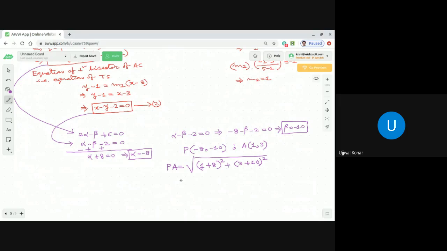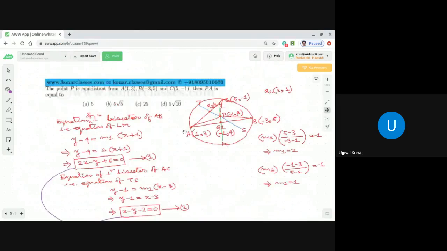So this is equal to square root of 81 plus 169. If you simplify, you will get it as 5 into root 10, and eventually we get the correct option as option D.